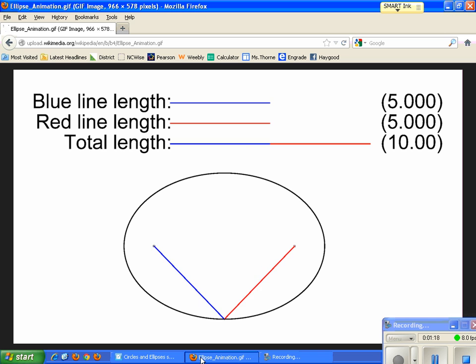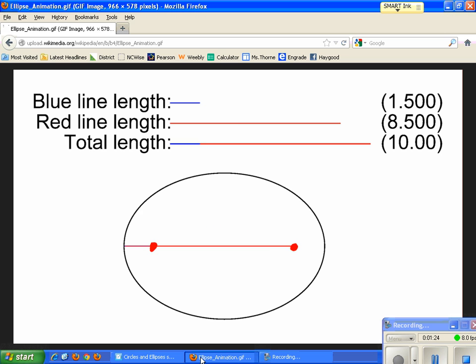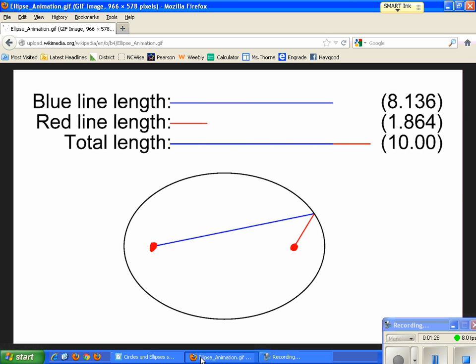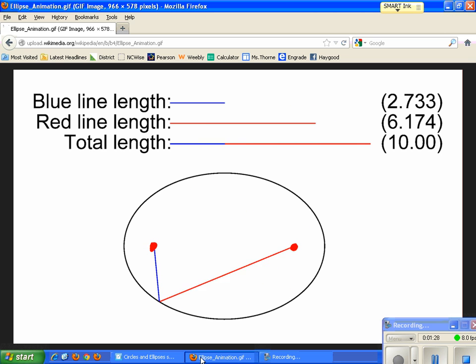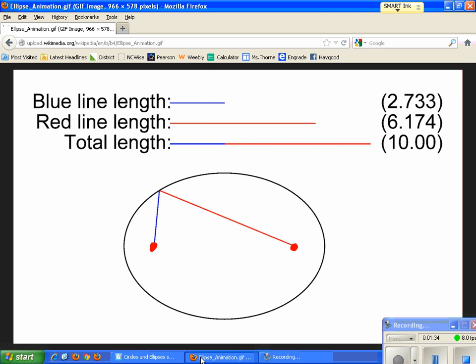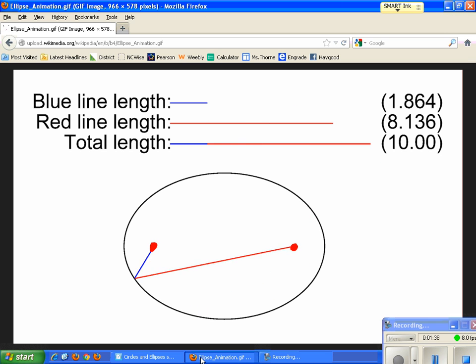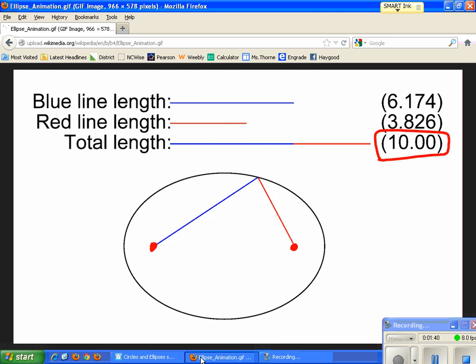So what this is talking about, here are your focal points right here and here on your graph. Notice that as the distances for the red and blue line are changing, the total length of d1 plus d2 is constant, which is this number right here. So that's the definition of an ellipse.